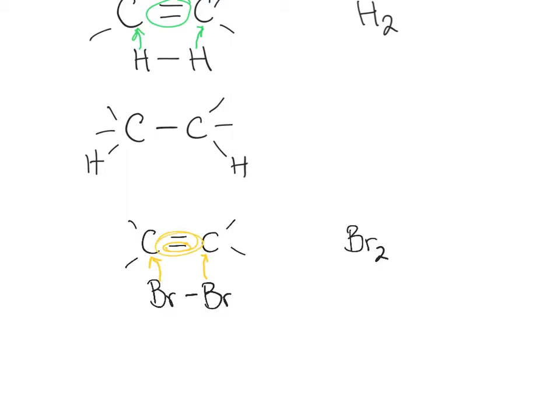So we're going to end up with a carbon to carbon single bond, and whatever was attached to these other bonds still stays there, but now we've got a bromine on one end of the now single bond, and another bromine on the other end.